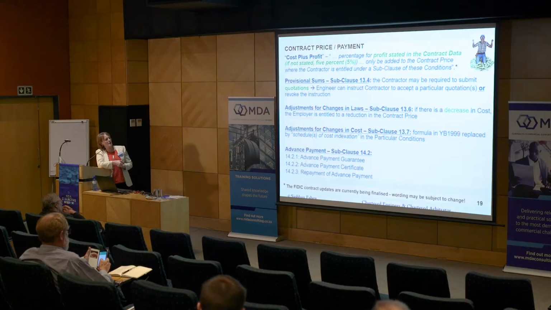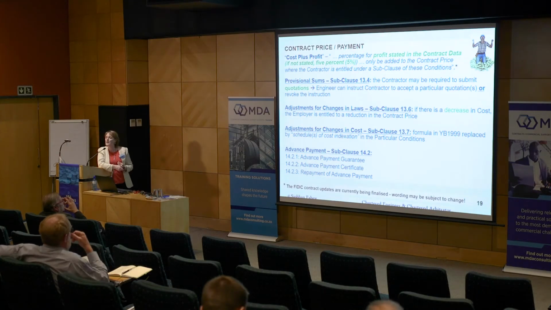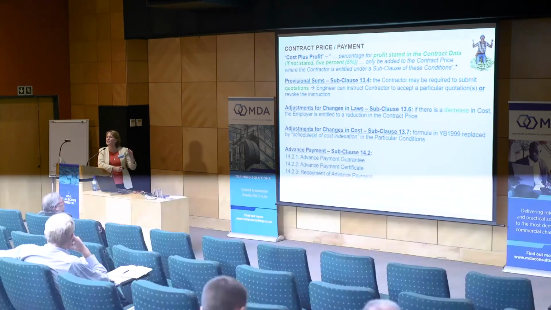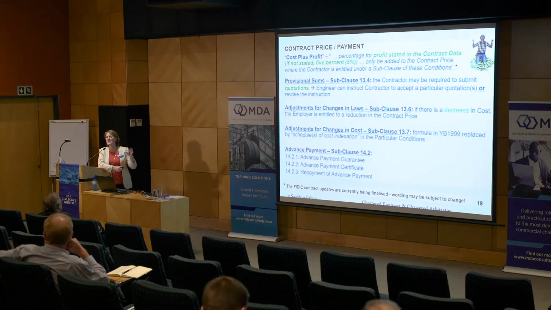And now we have adjustments for changes in cost. You'll remember under the FIDIC books, there's a very complicated-looking formula when you look at it first. It makes perfect sense when you've actually gone through it. And it refers to indices and everything. I don't think you guys would have any problem with it here in South Africa, but in certain parts of the world where they don't have published indices to refer to, it's caused untold problems where the contractor really should have gotten an increase in the contract price and he didn't because of the difficulty of using that particular formula.